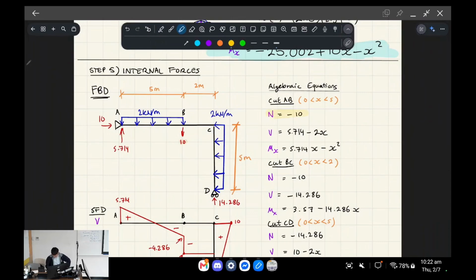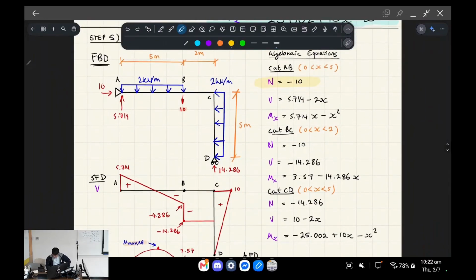So from cut AB, like from A to B along the beam, we've got negative 10 for our axial force, and for B to C, all right, we also have negative 10, all right? From C to D, which is the vertical part, here to here, we have 14.286, all right?